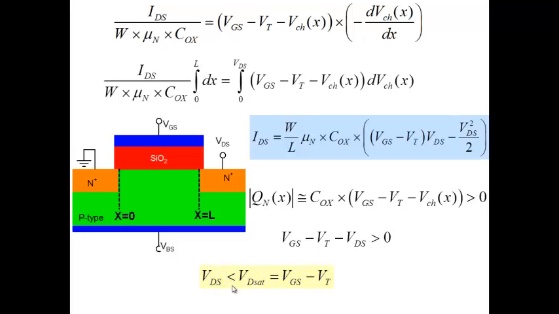Or it says VDS must be less than VDSAT, which is VGS minus VT. You can only apply this particular equation as long as VDS is less than VGS minus VT, right? Because after that, the inversion charge is becoming negative. Negative inversion charge doesn't have any meaning. It implies there's an accumulation of holes, which can't happen here. And this equation is valid only under this condition. So that's the limit of validity of this particular equation: VDS less than VGS minus VT.